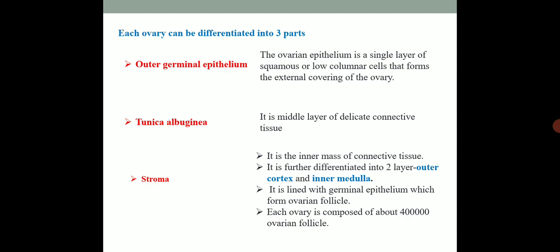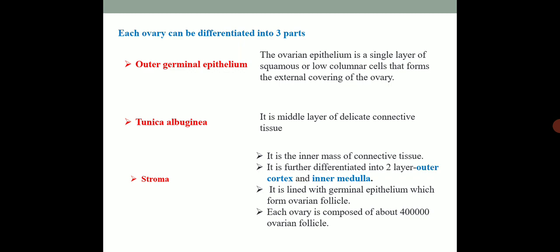When you take the histological details of the ovary, it is divided into three important parts. First, the outer germinal epithelium, a single layer of squamous or low columnar cells that forms the external covering of the ovary. Second, the tunica albuginea, which is a middle layer of delicate connective tissue.